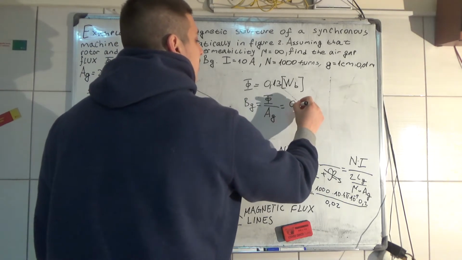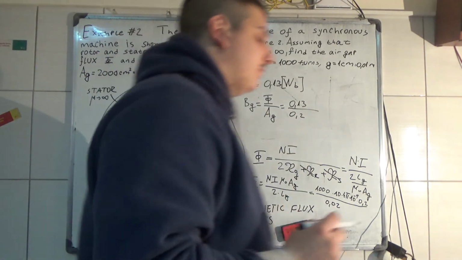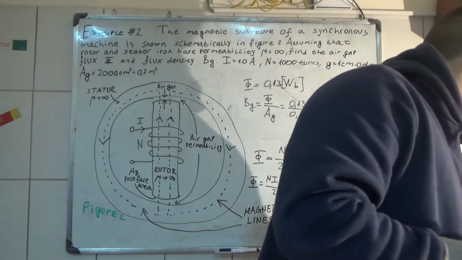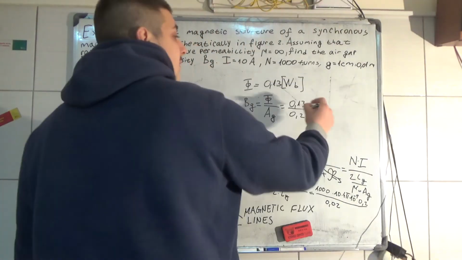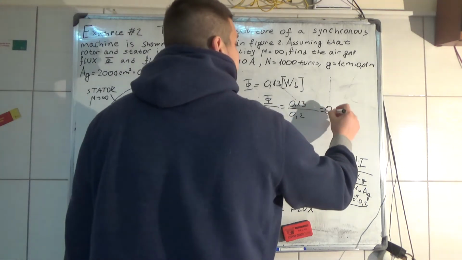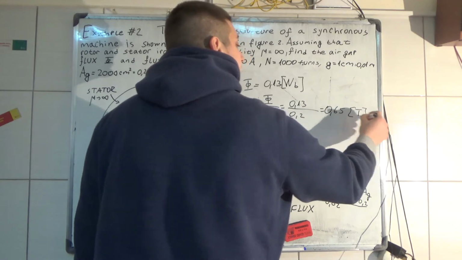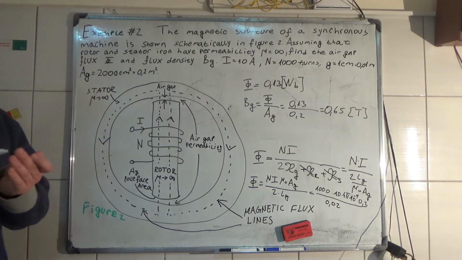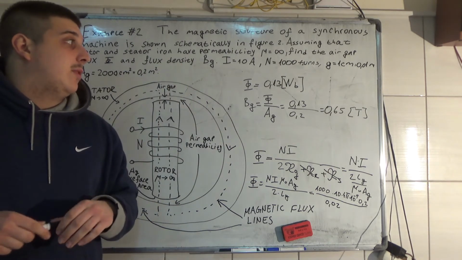That's equal to 0.13 divided by 0.2. And we get that the magnetic flux density is equal to 0.65 Teslas. So this is the solution for this example.